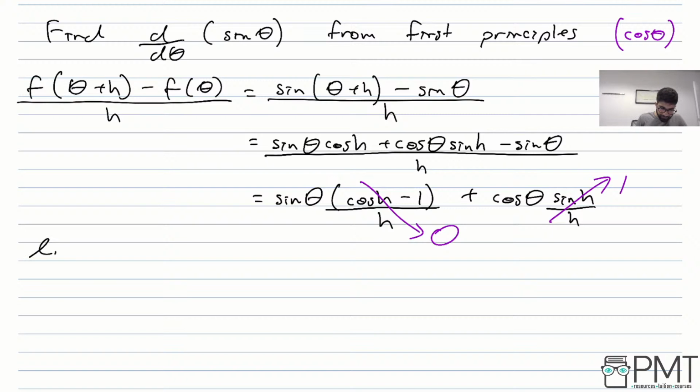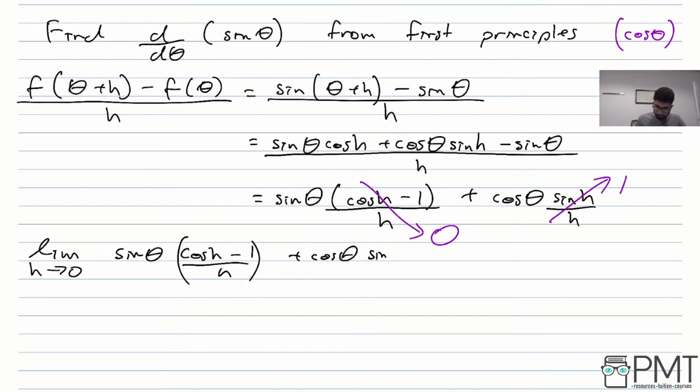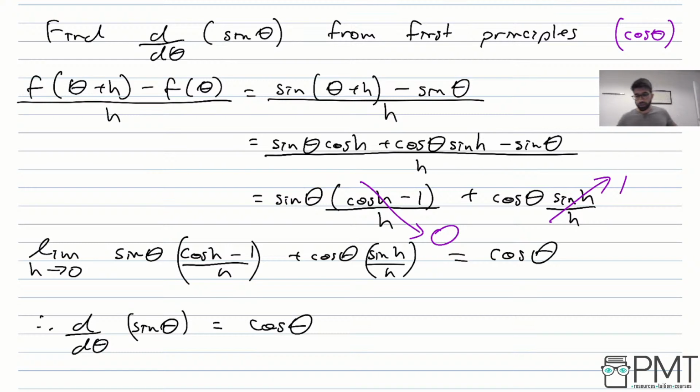So you write that the limit as h goes to 0 of sine theta (cos h minus 1) over h is cos theta. So that's how you find the derivative of sine theta from first principles.